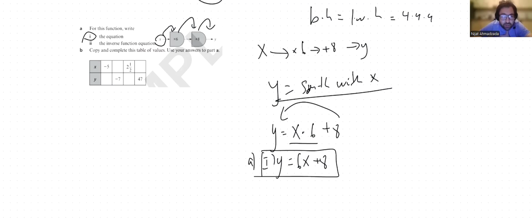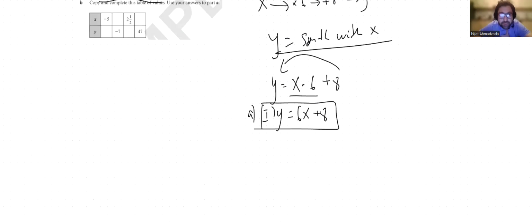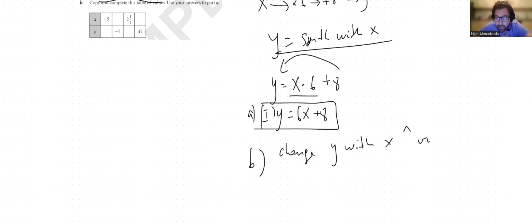Inverse function equation. To do an inverse function, we have 2 steps. Change Y with X and vice versa.